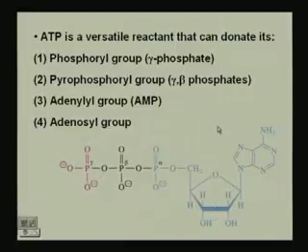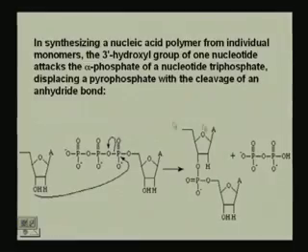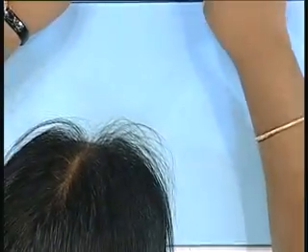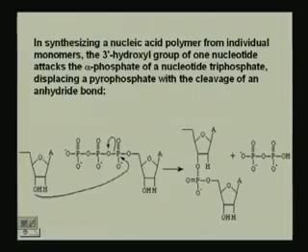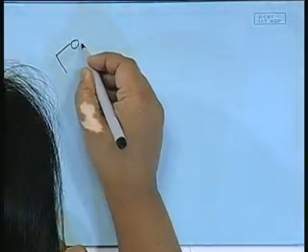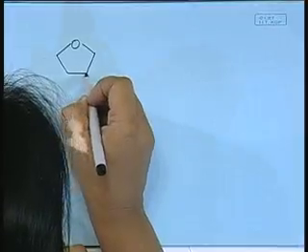Okay. Now, we are going to see how we can actually form these. Now, we are synthesizing a nucleic acid polymer. Okay. Essentially, what we have is something like this. This is our sugar.